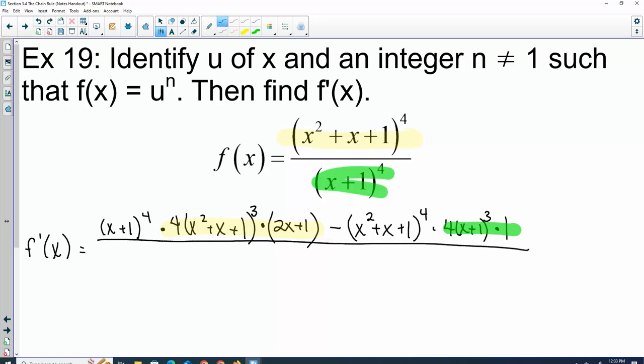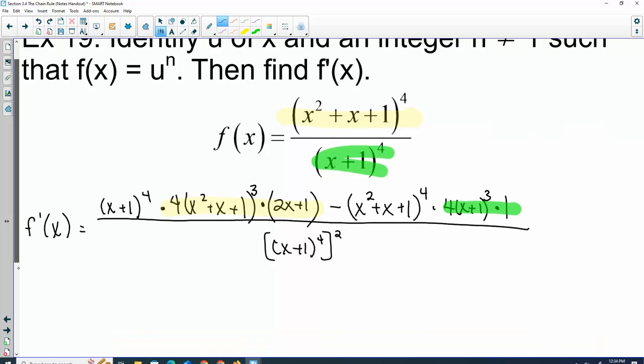All over low squared. Okay, so we did quotient rule with chain rule here. Is that okay?